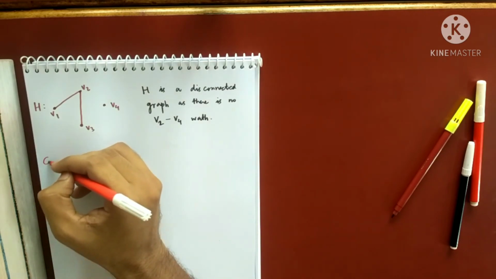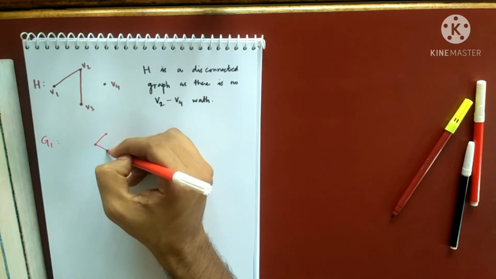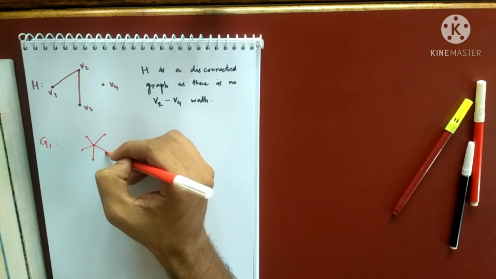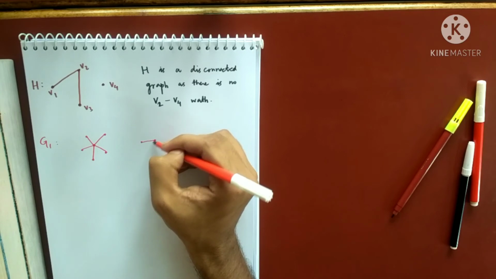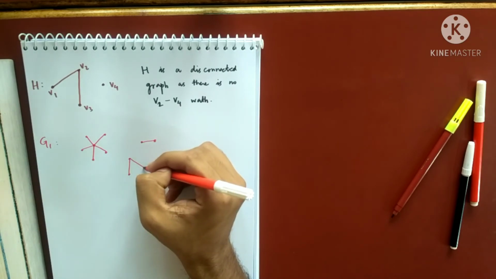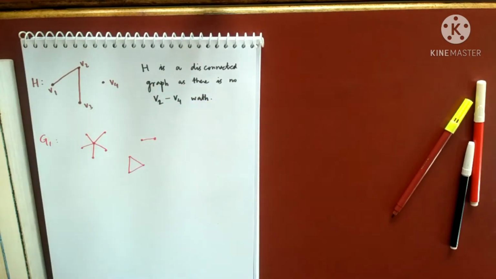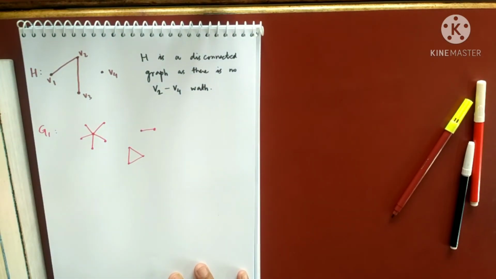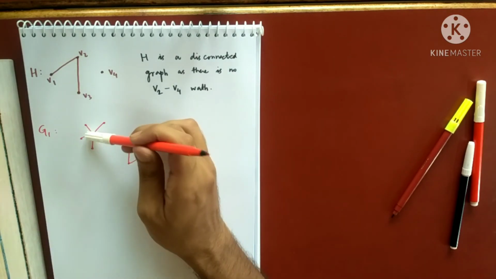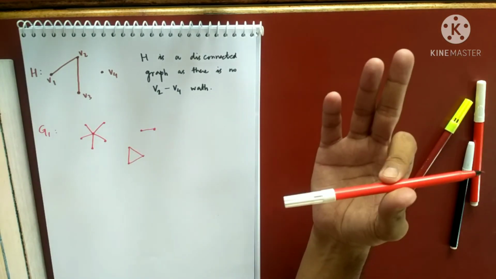Consider another graph G1 like this. They all comprise G1. Remember that. This is not 3 different graphs. This is a single graph having 1, 2, 3, 4, 5, 6, 7, 8, 9, 10, 11 vertices.